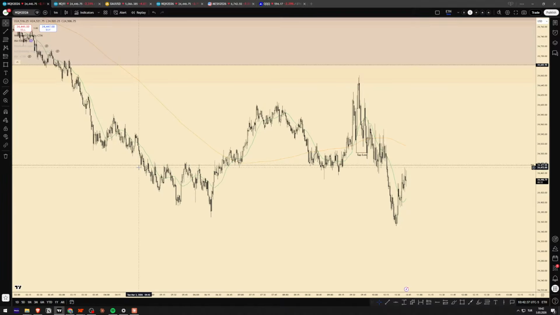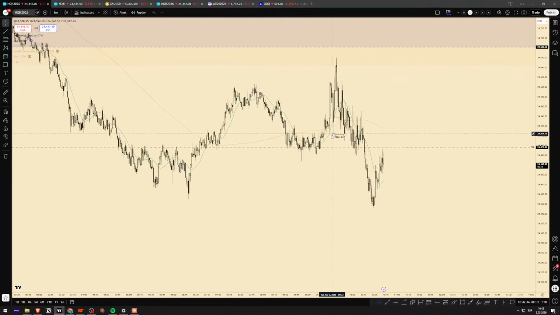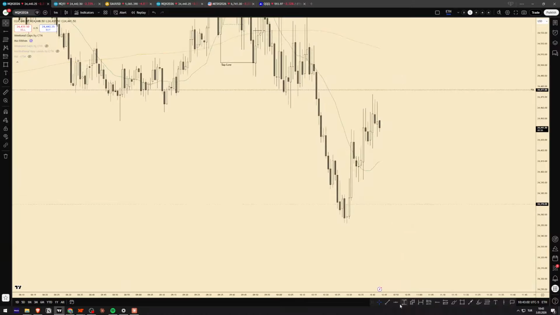Price took that level, consolidated right below it, and turned back higher. And then it came back and swept London low, or overnight session low, it is the same thing. After the overnight session low sweep, price turned back higher, invalidating two of these.